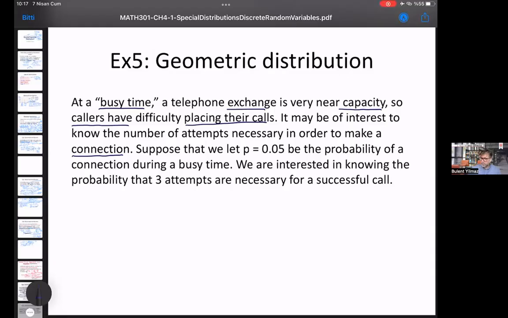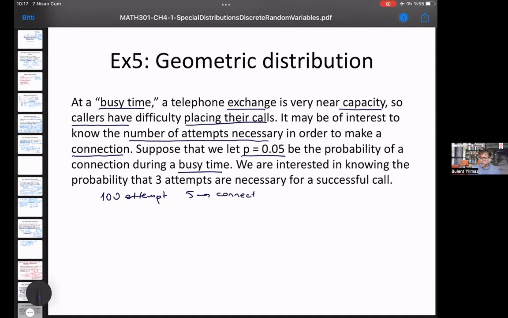It's the number of attempts necessary to make a connection, just like obtaining heads after so many attempts. Suppose that p is 0.05, the probability of a connection during a busy time. So I will make 100 attempts, and only 5 of them will connect.